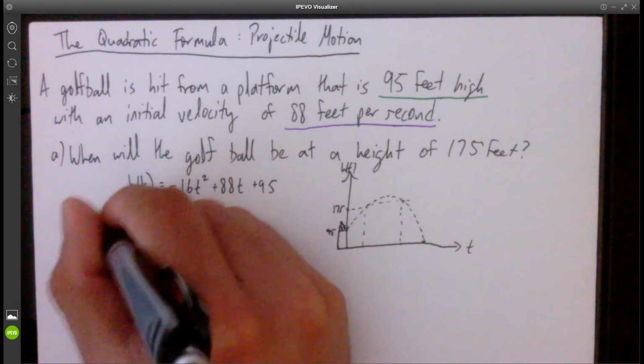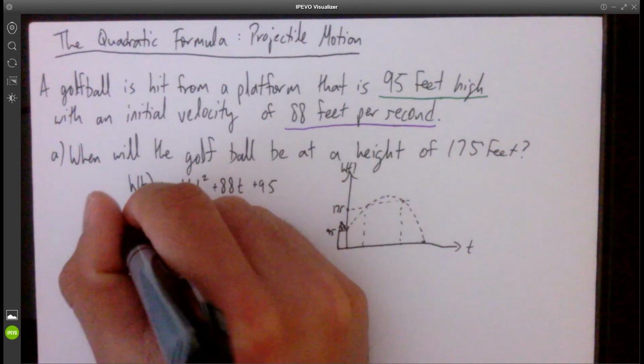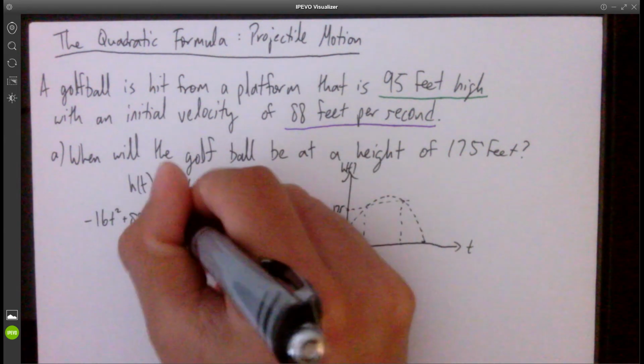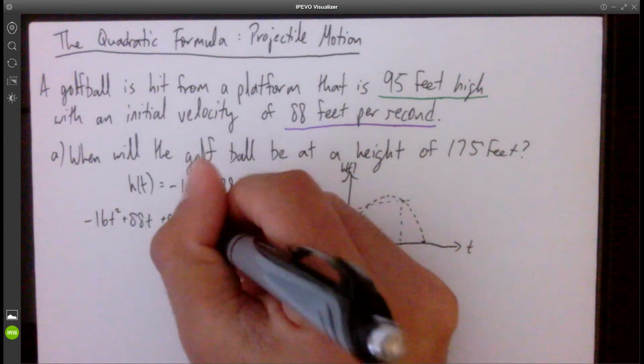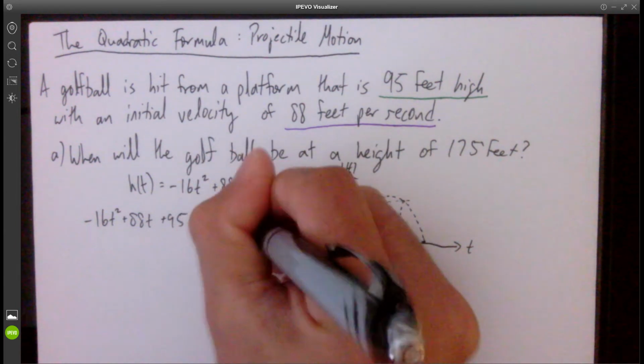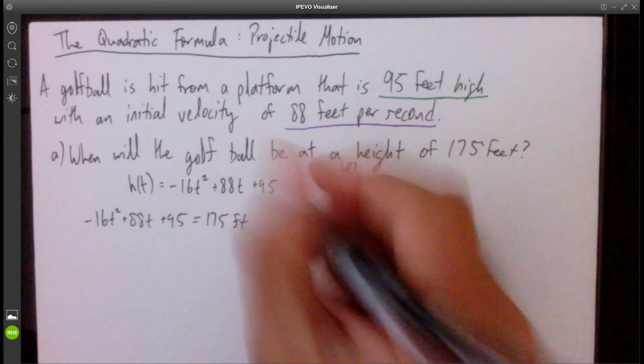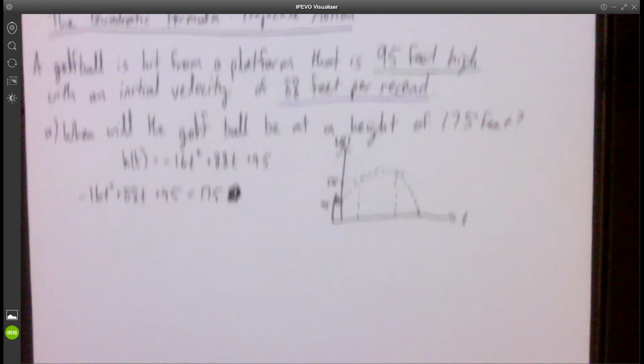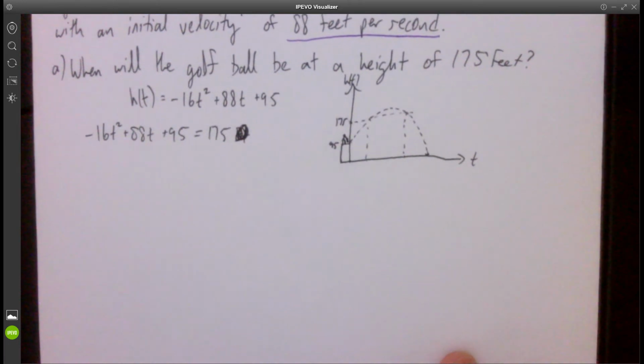So negative 16 t squared plus 88 t plus 95 equals 175. I could have done without the units for now. So I want to know when it's going to equal 175.